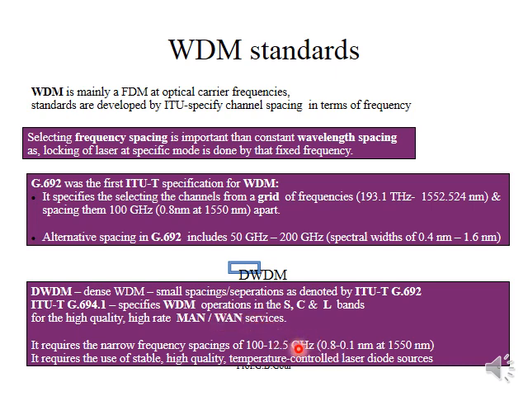These are the frequency ranges and wavelength ranges. So the DWDM standard it obeys is G.694.1 over S and L bands, and frequency spacing ranges from 100 to 12.5 GHz with a spectral band of 0.8 to 0.1 nanometer at 1550 nanometers.